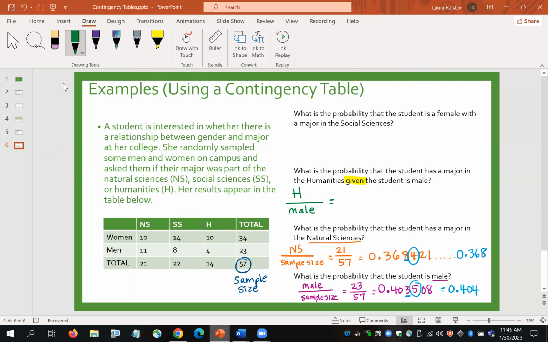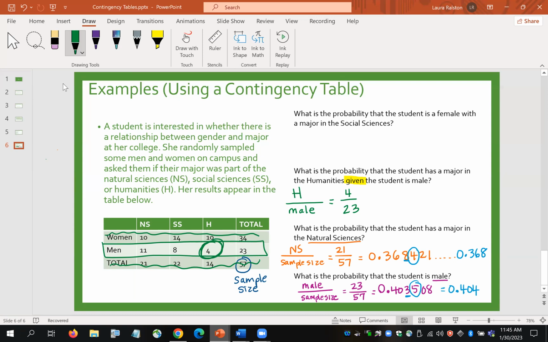Okay, so there were 4 men out of 23 that were humanities majors. Again, because I know that I have a male, I'm going to ignore the women. I'm going to ignore the total. I'm only focusing on the men, and specifically those who were humanity majors.